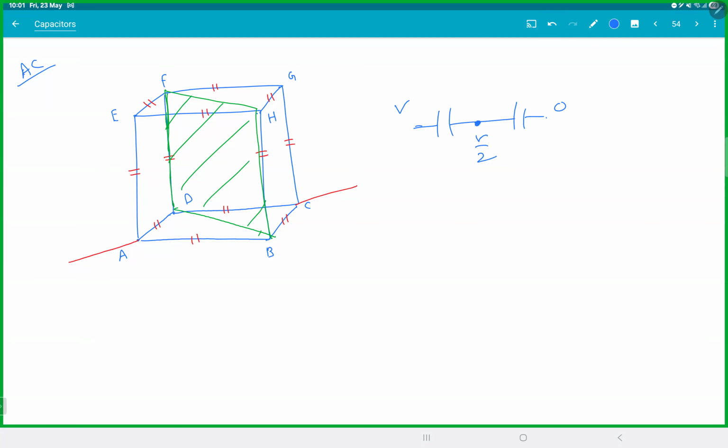If left and right are identical, then the midpoint should have half of the potential, isn't it? That means all these 4 points have same potential. So while you go from A to C, this plane D, F, H, B is a symmetrical plane.